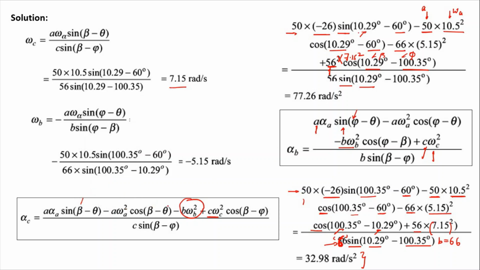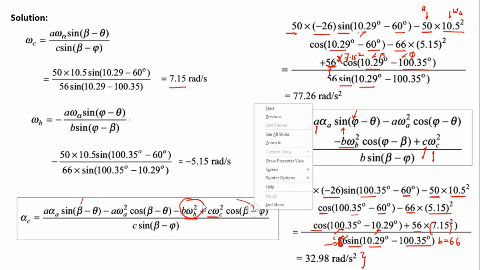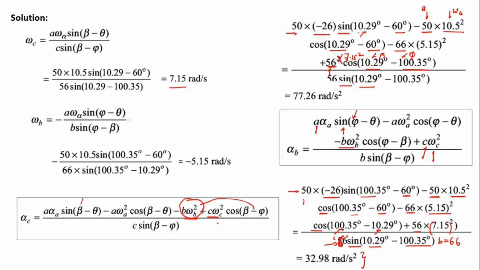In the third term, this cos beta minus phi will come on this side, and this c omega c square won't have any cos term associated with it. So try to observe the difference between these two formulas and create a similarity between these two equations so that you can remember them for solving numerical problems.